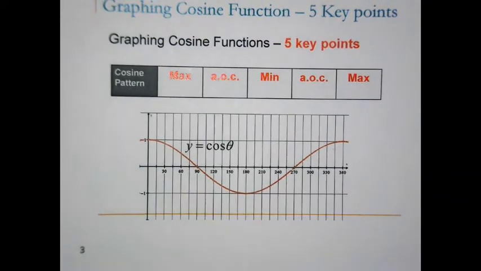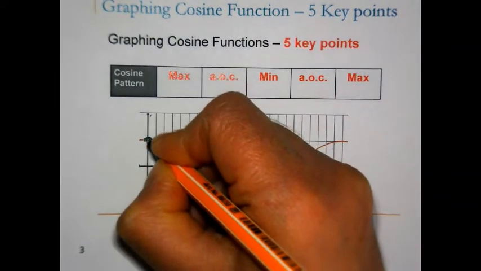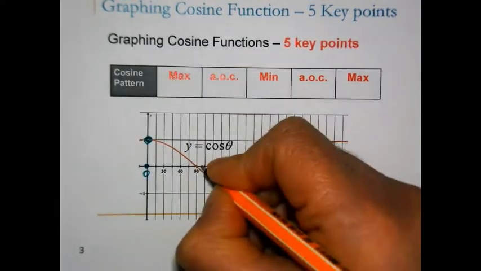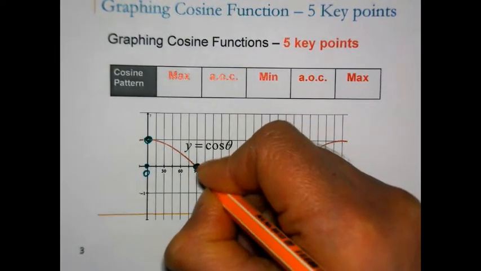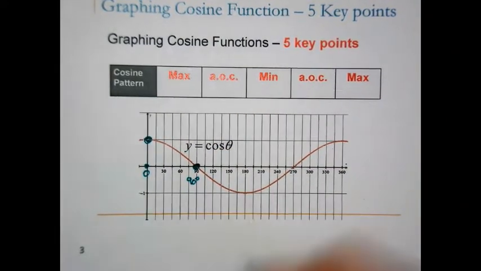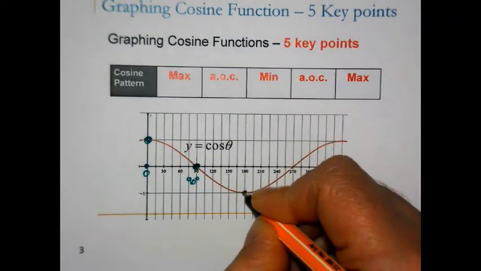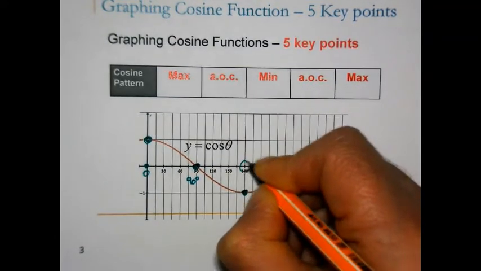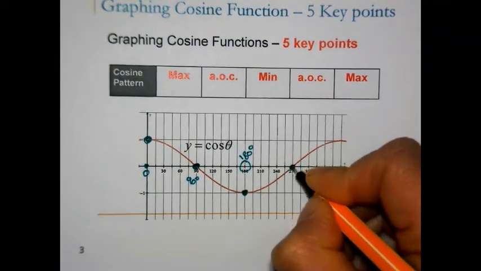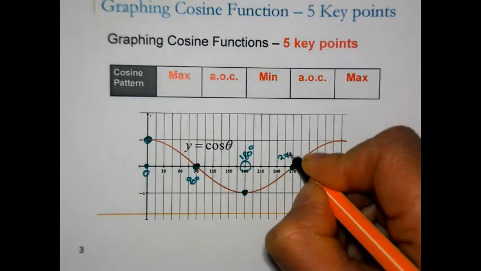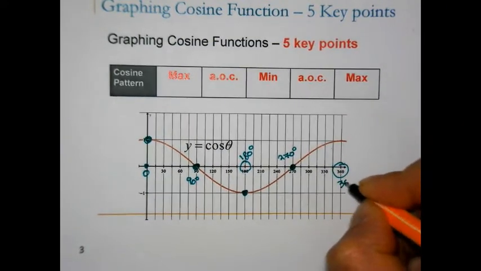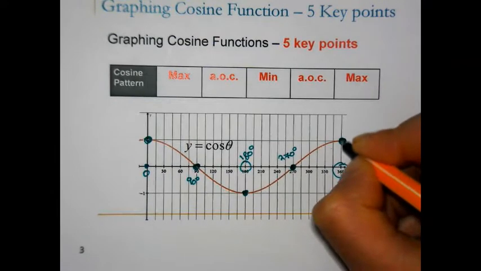The key points to remember are that we start at the max at 0, then at 90 degrees we go to the axis of curve, at 180 we reach the minimum, at 270 we are back to the axis of curve, and then at 360 we're back to maximum.